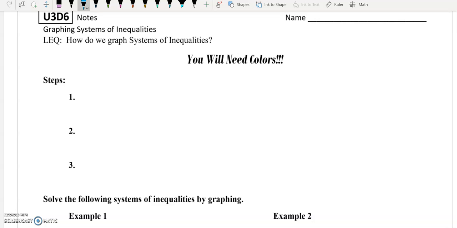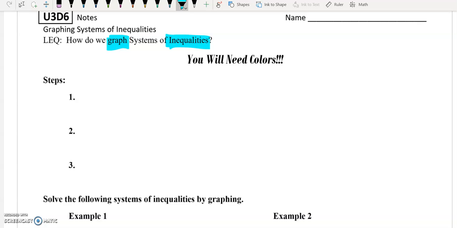But now what we're going to be looking at today is inequalities versus equations. If you recall from Unit 2, whenever we have inequalities and we go to graph an inequality, keyword here, we're looking at graphing systems of inequalities.